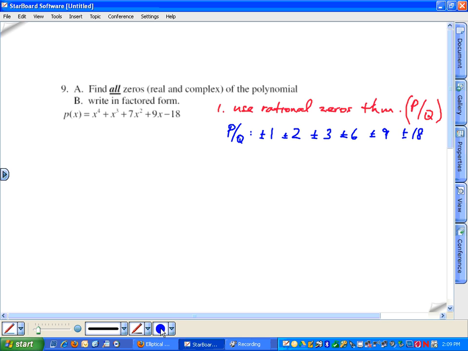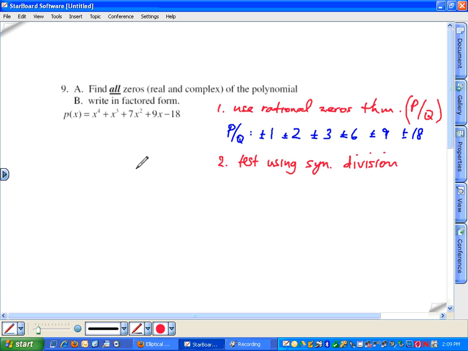Now step 2 is to test using synthetic division, and if you get a remainder of 0, that means you found a 0 of the polynomial. A remainder of 0 means that the factor you chose divides into the polynomial evenly.